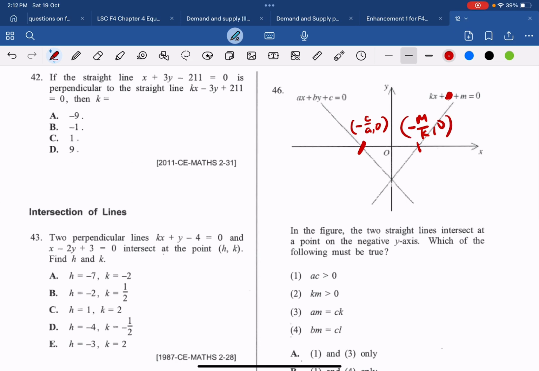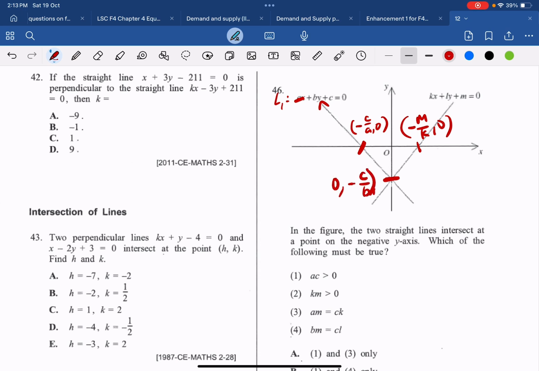And then maybe we can take a look at the y-intercept. Again, this is a common y-intercept for both lines. Let's say this one is L1. So the y-intercept would be negative c over b.